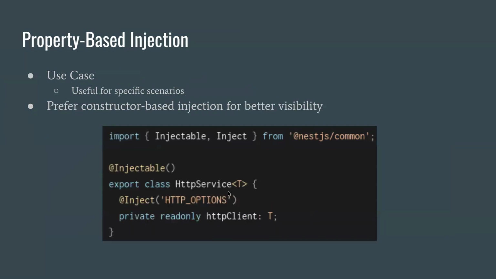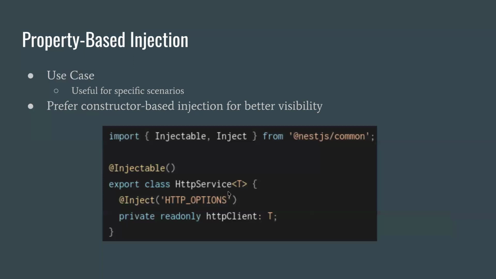Property-based injection. So we looked at constructor-based injection. While constructor-based injection is preferred, there are cases where property-based injection can be useful. So for example, say your top level class depends on multiple providers, and then passing them all through the constructor can be tedious.